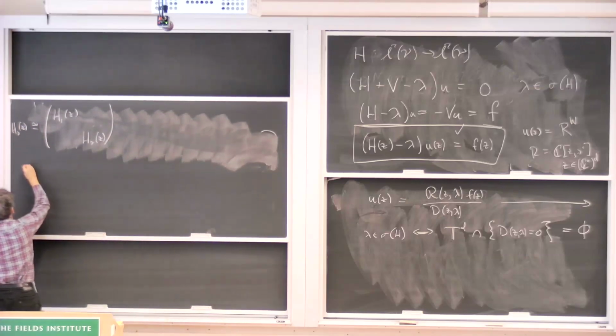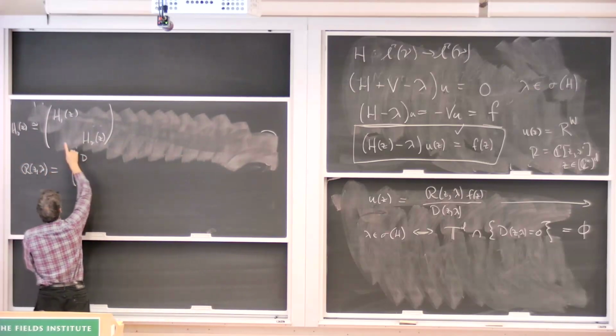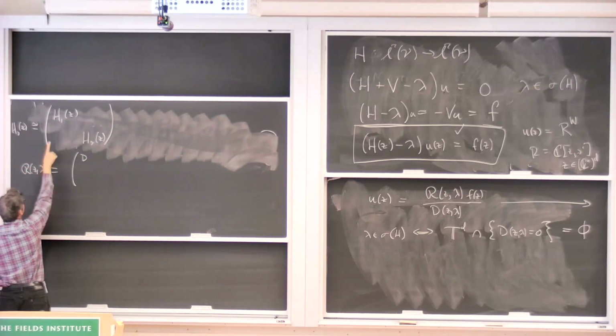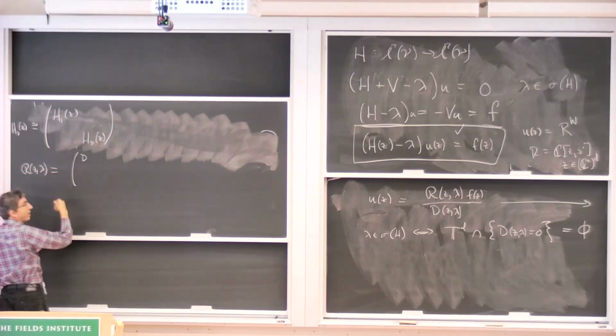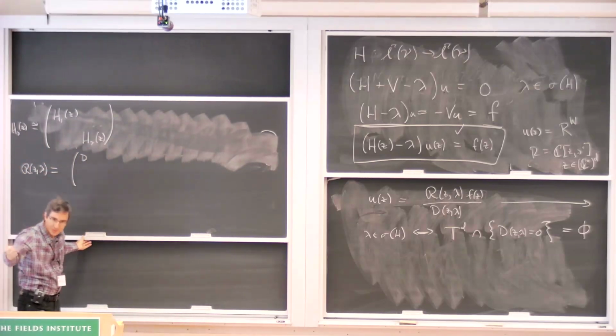Then this R of Z lambda just turns out to be, let's say the adjugate of H1 minus lambda, I'm going to call it R1. The adjugate of H2 minus lambda, I'll call R2.